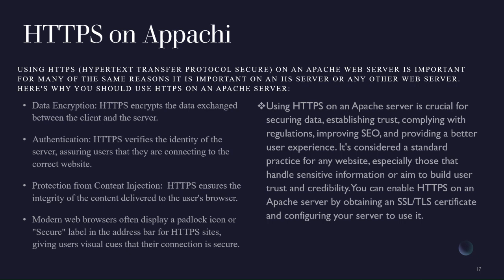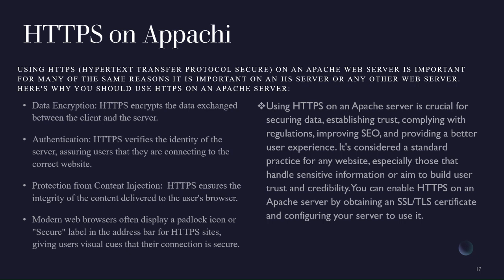Data encryption, which means encrypting the data exchange between the client and the server. Authentication, which means verifying the identity of the server, assuring users that they are connecting to the correct website. Protecting from content injection, which means ensuring the integrity of the content delivered to the user's browser.